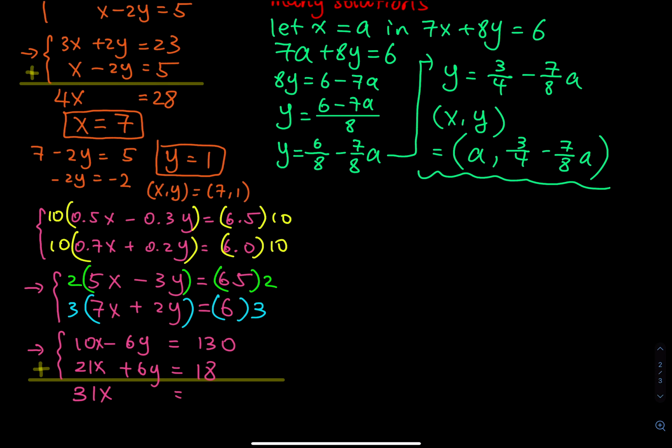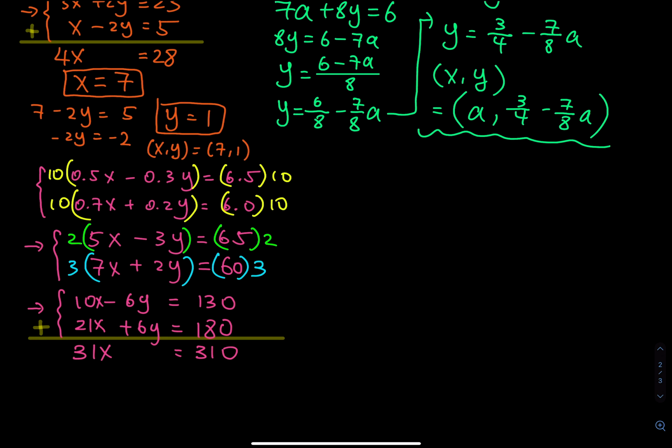Okay, let me make sure that I didn't copy the problem wrong. 0.5x minus 0.3y equals 6.5, 0.7x plus 0.2y equals 6, multiplied by 10, 65. Ha! 65, 6 times 2. That 6.0 times 10 is a 60, not 6, 60. Huh. This is a 180. My notes are right, but I just forgot a 0. Okay, so this is a 310.